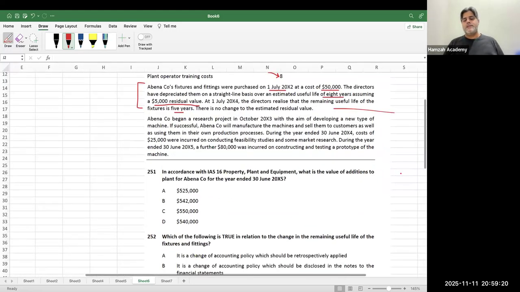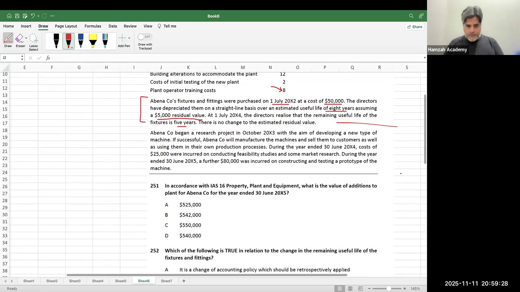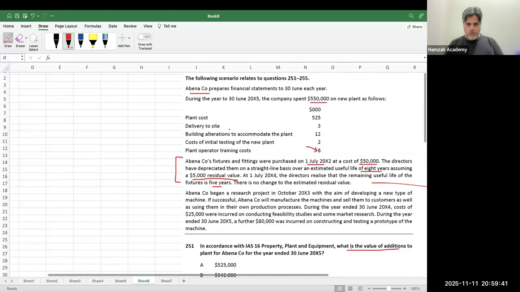in accordance with IAS 16 property, plant and equipment, what is the value of the additions to plant for Abina company? Value of additions. So 550,000, right?